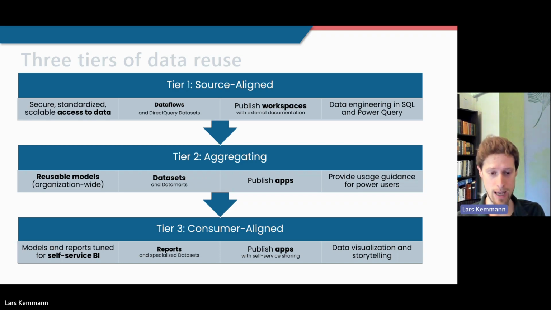And again, here you're publishing apps, but the difference here is that you're letting people share those apps in more of a self-service way. You're opening them up to a lot more tweaking, modifying, whereas in tier 2, maybe you're not necessarily opening things up for quite the same level of self-service tweaking. And the work here prioritizes data visualization and storytelling.